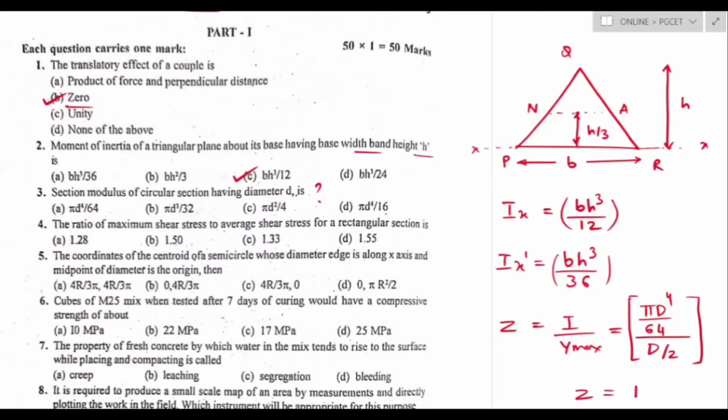Section modulus is pi d to the power of 3 by 32. Option B will be the right answer.